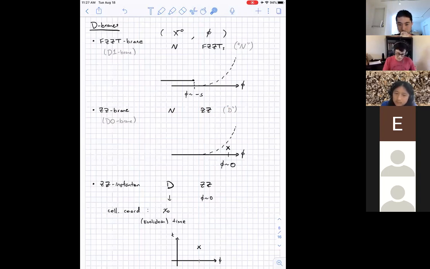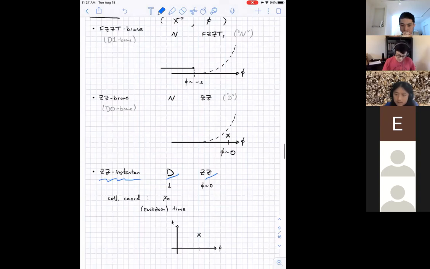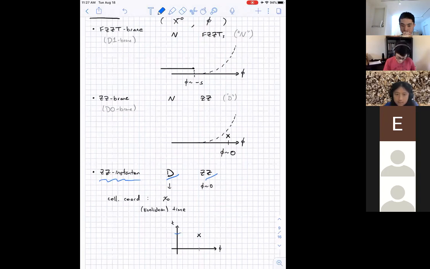These are fixed in space. You can think about it maybe in the strong coupling region. And finally, we come to the one that is important for today, the ZZ instanton, which is both Dirichlet in the time direction and also in the Liouville direction. So again, it's fixed in both directions.